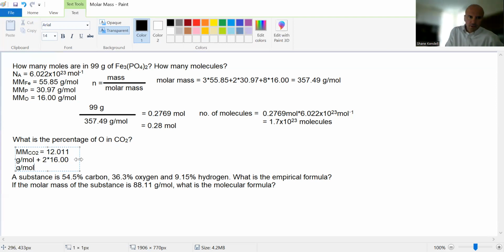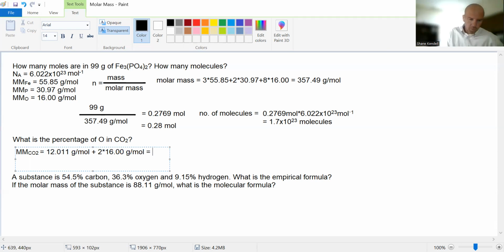And so we look at that total, and we're going to have 44.01 grams per mole.